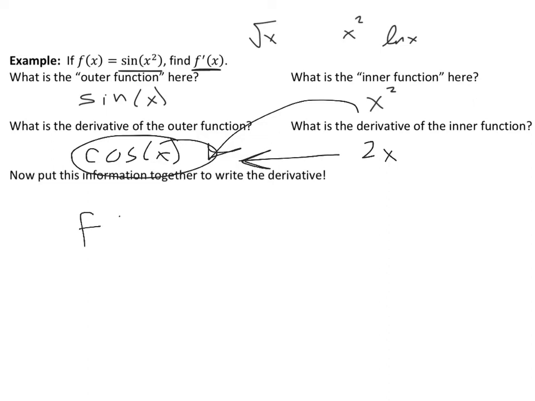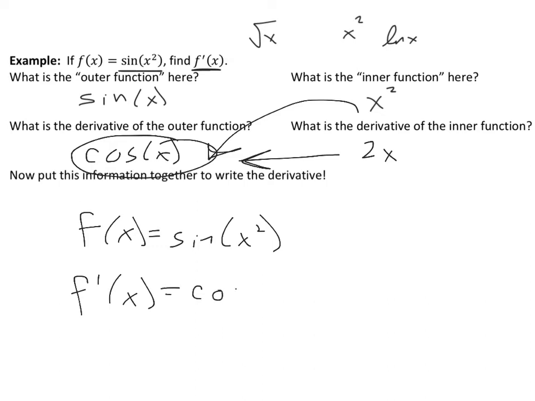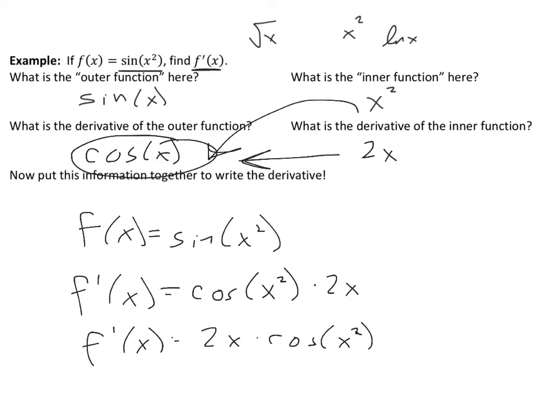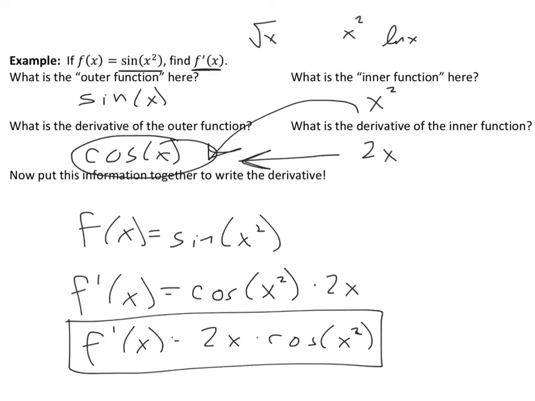So if f of x is the sine of x squared, then the derivative will be the derivative of the outer function with the inner function left alone times the derivative of that inner function that we just ignored. And if it was me, I would probably clean this up and write this as 2x times the cosine of x squared. Okay? And like that's it.